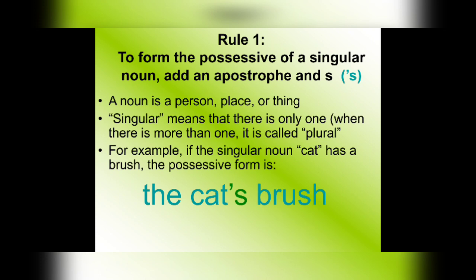For example, if the singular noun cat has a brush, the possessive form of this would be the cat's brush. Have you understood how it is made? Very good. So the cat's brush. So by this we can understand for a singular noun we have to add apostrophe and s in order to show the possession or the ownership of that cat.